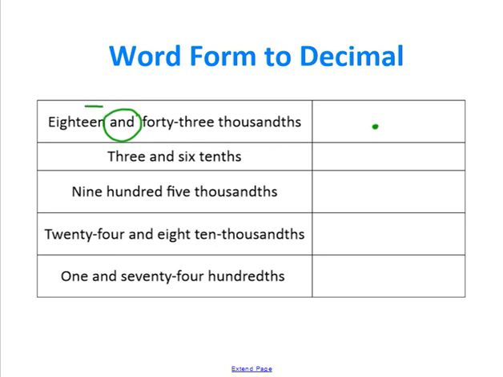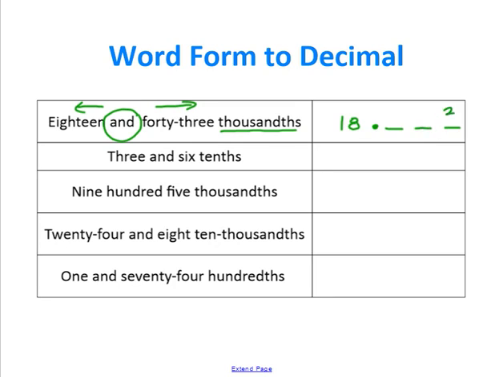Now, what's on the left of the decimal point? 18. So put in 18. Now, look at the right of the decimal point. Find the place value. Thousandths. How many spots is that? Tenths, hundredths, thousandths. Okay? So the number is 43.